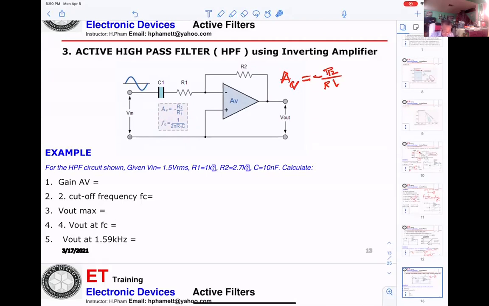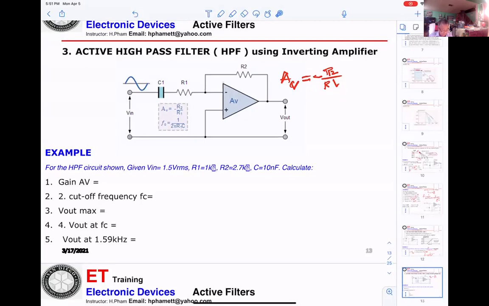If the input is 1.5 volt RMS, the maximum output is the gain times 1.5 volt RMS. To get the cutoff frequency, it will be 1 over 2 pi RC.